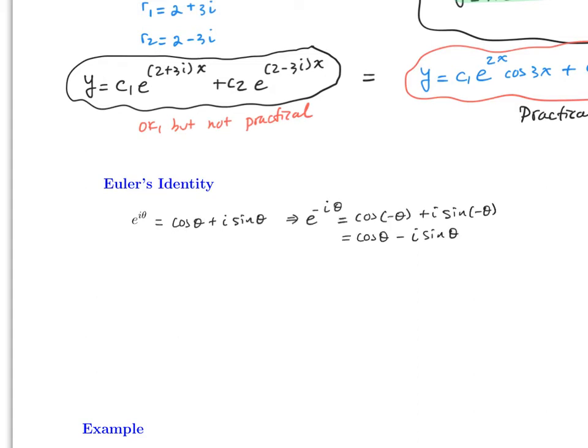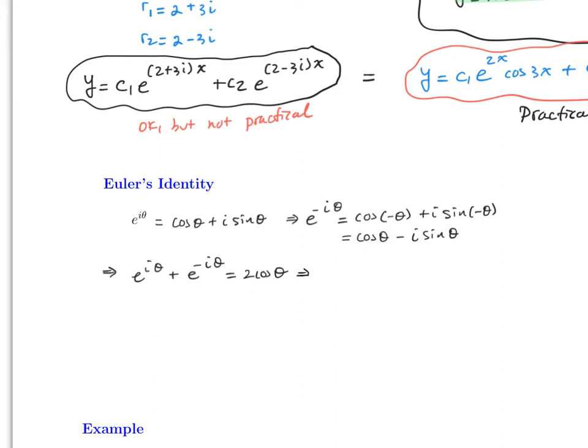You use the identities from pre-calculus. So therefore, e to the i theta plus e to the minus i theta equals 2 cosine theta, because the sine terms cancel, and cosine plus cosine gives you 2.